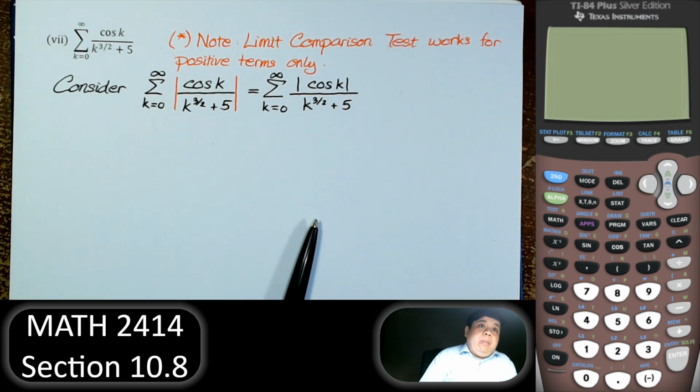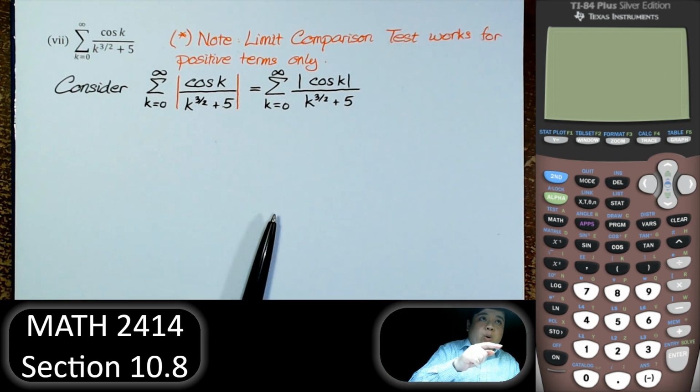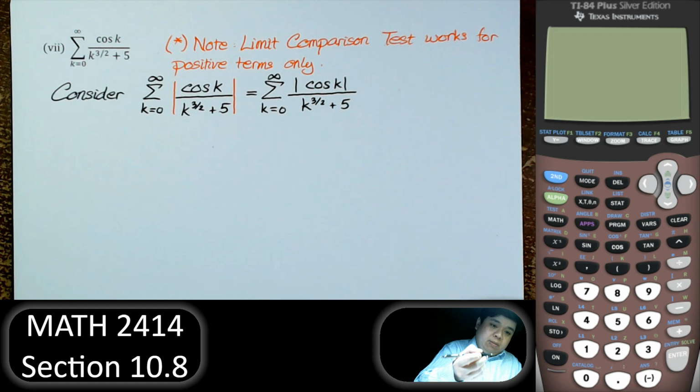Now, what do we compare to? First of all, the cosine of k, with absolute values, will be less than 1, right? Because cosine is the wave between -1 and 1. So the absolute value of cosine is less than 1.